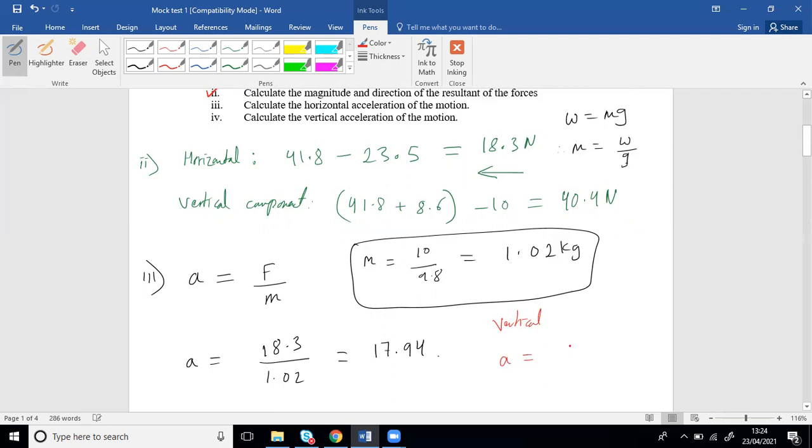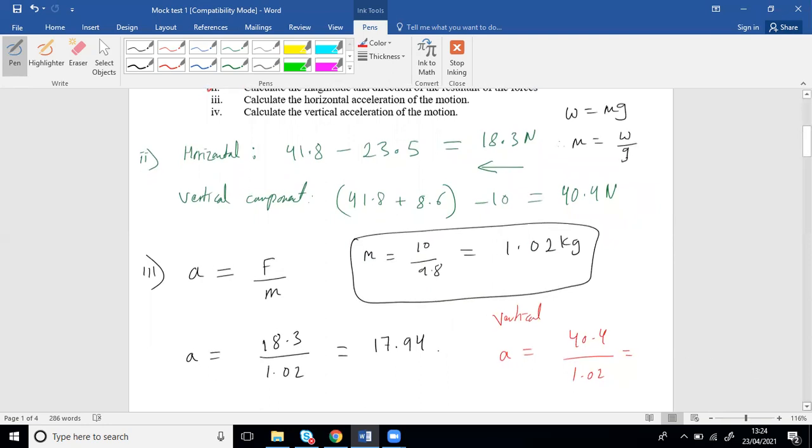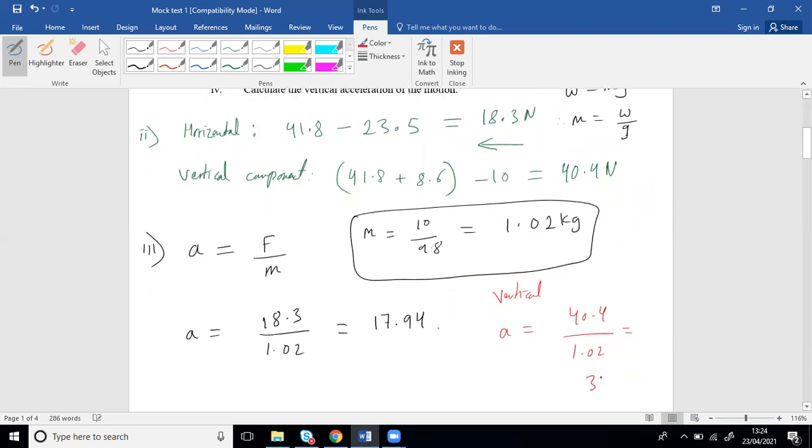Acceleration will be equal to the vertical force, which is 40.4, divided by the mass, which is 1.02 kilogram. That is 39.6. Now I'm going to give its units, so meter per second squared, and then I'm going to do the same thing for that one, so it'll be meter per second squared.